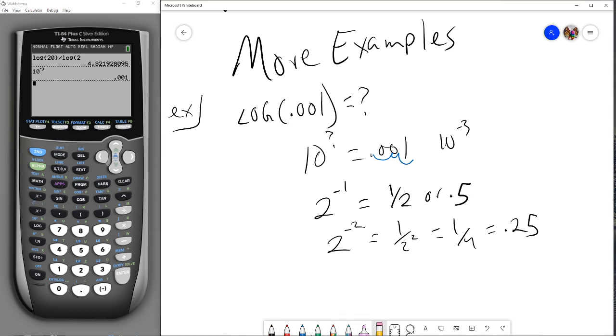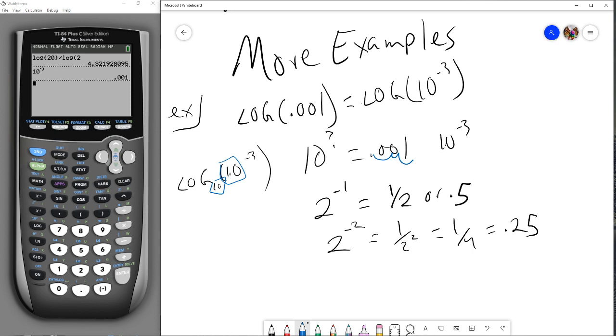So how we want to think about this log is this is equal to the log of 10 to the negative 3. Then we have this property where the base of the exponential and the log match.